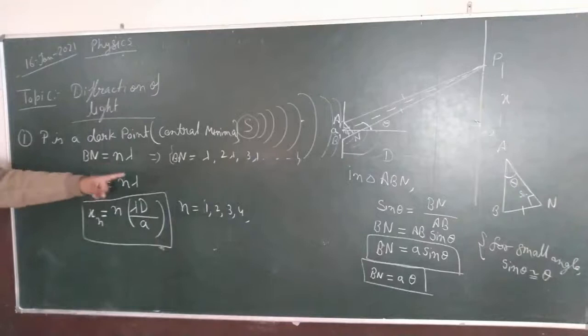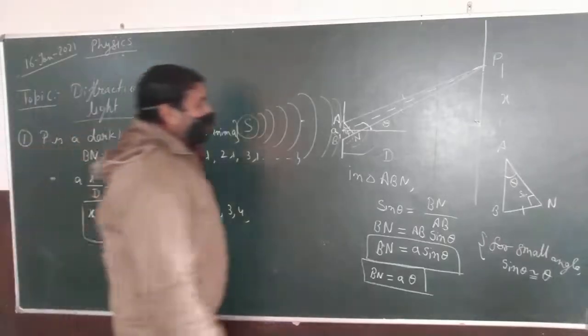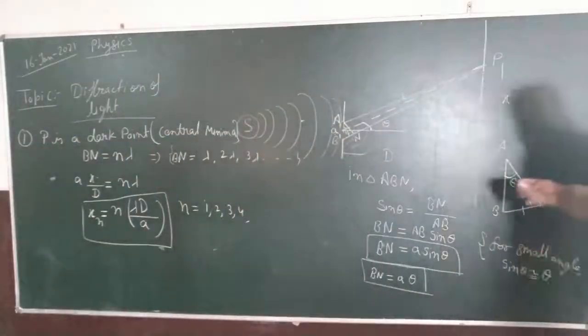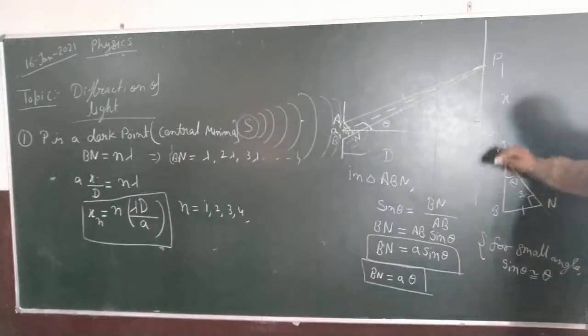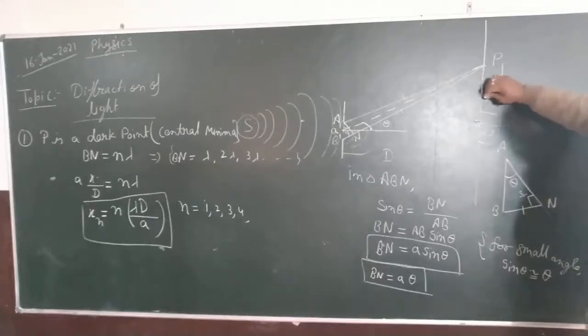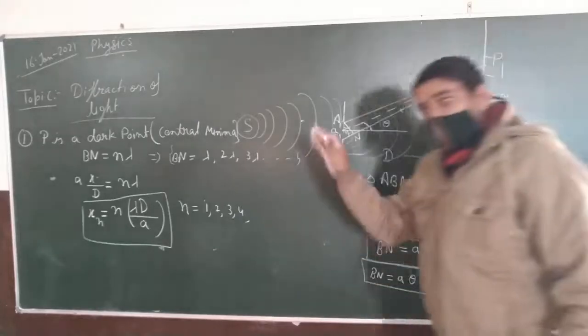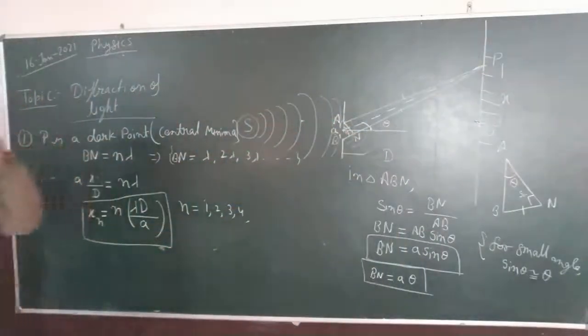For this we get the dark point at point P. So here this point is a dark point. After a particular distance it is dark, then this point is dark, and similarly this will be a dark point. Okay, and below the line is also the same. That we will discuss after this.